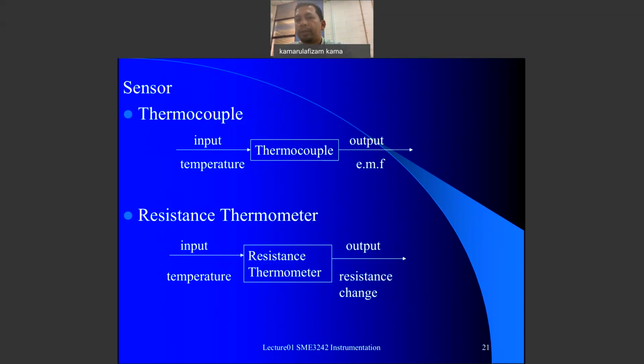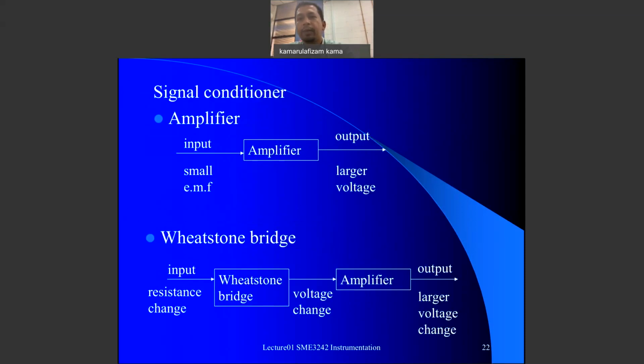This very much depends on your design of the system of instrumentation. If your design takes voltage as an input, you have to use the thermocouple. But if your design takes resistance change as your input, you have to work with the resistance thermometer. Okay. And also the next block will be the signal conditioner.